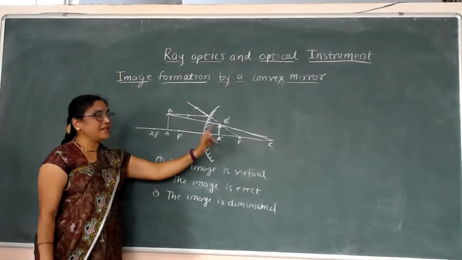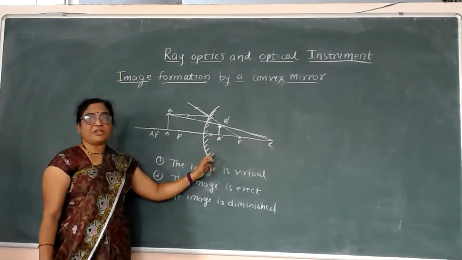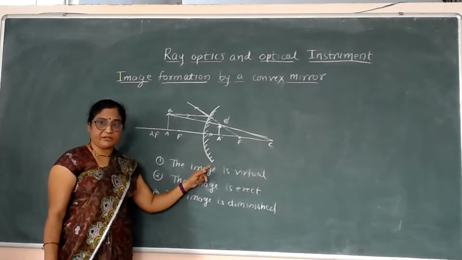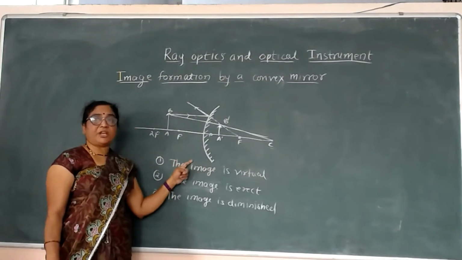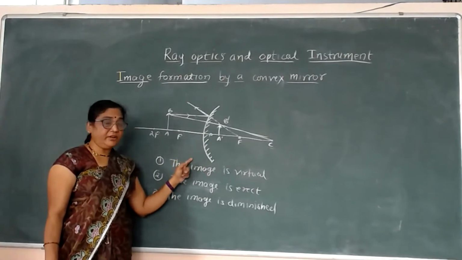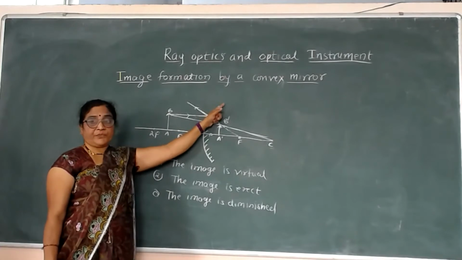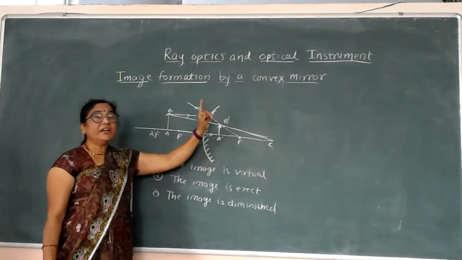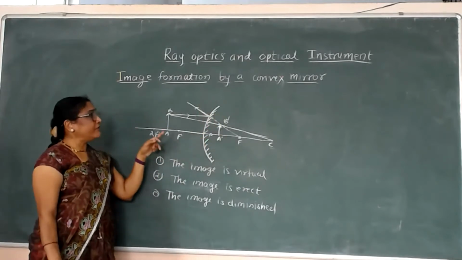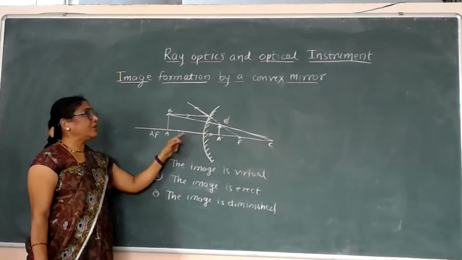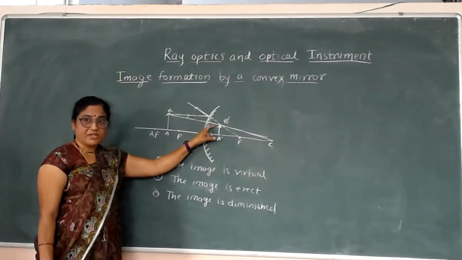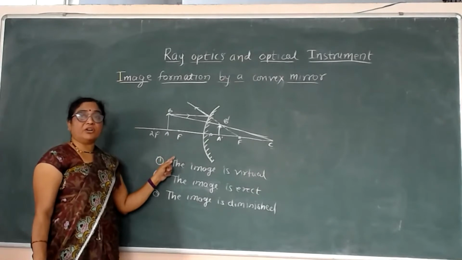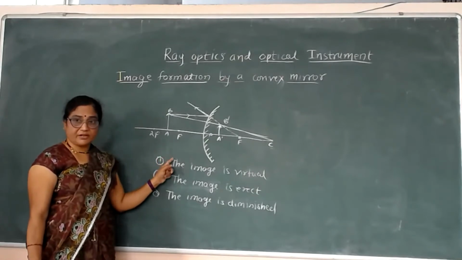So here, what is the difference between the virtual image which is given by the concave mirror and that given by the convex mirror? The virtual image given by the concave mirror is magnified, but the virtual image given by the convex mirror is diminished.